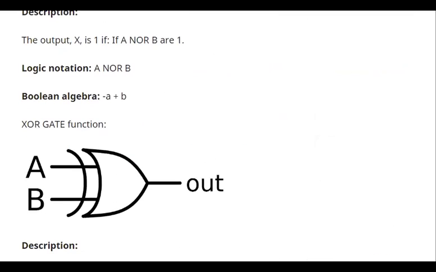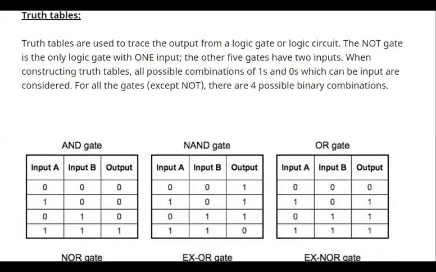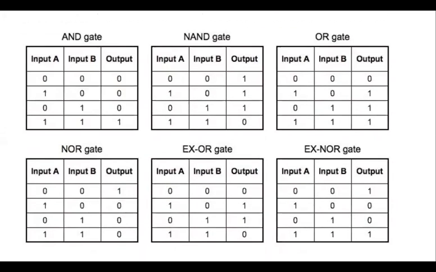This is the representation of the XOR gate: in OR you just put one curve. And for XNOR, just put one circle over here in the output. So this is the truth table, and we'll be using this only.